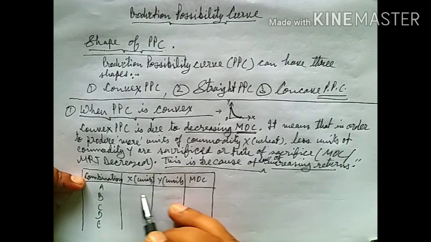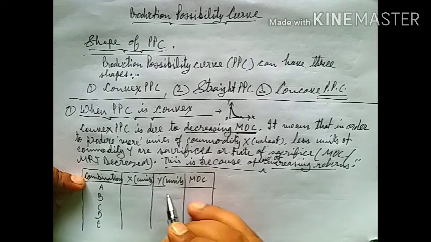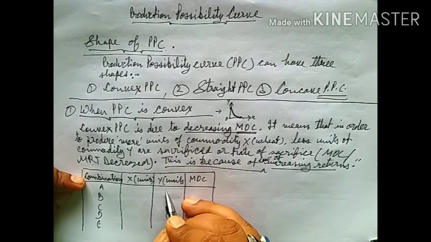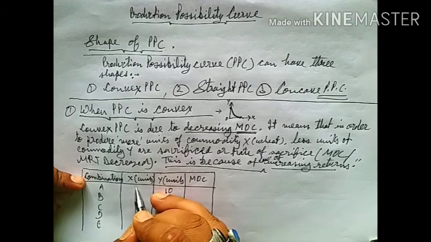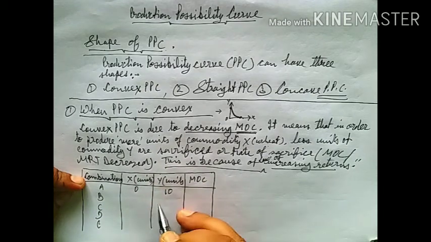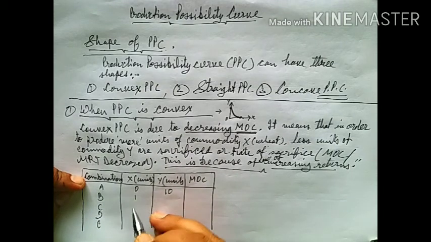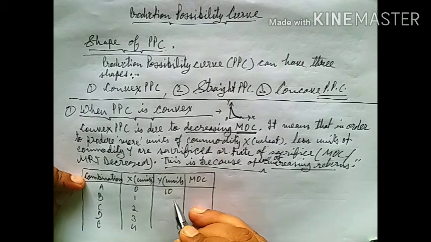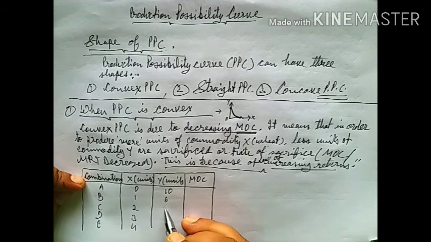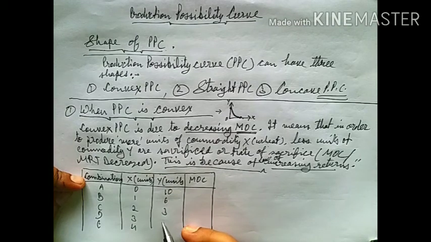Suppose that when we apply all the resources to produce commodity Y, we are getting 10 units of Y in the first combination and 0 units of commodity X. Now X increases one by one, and Y decreases.